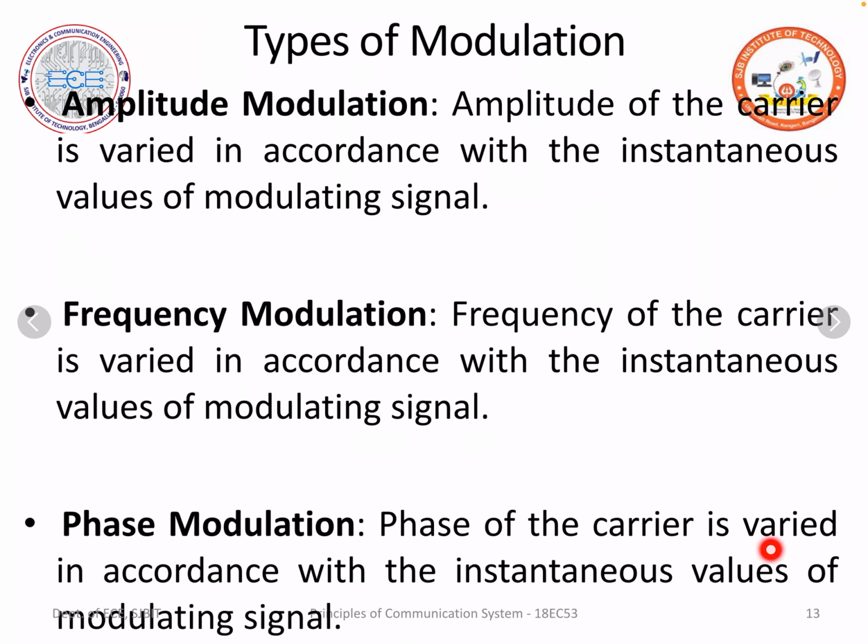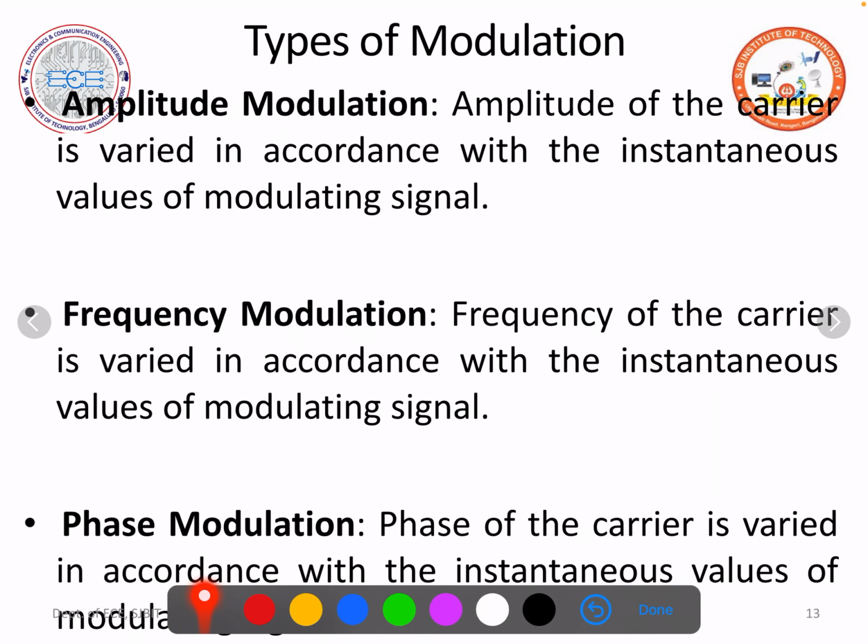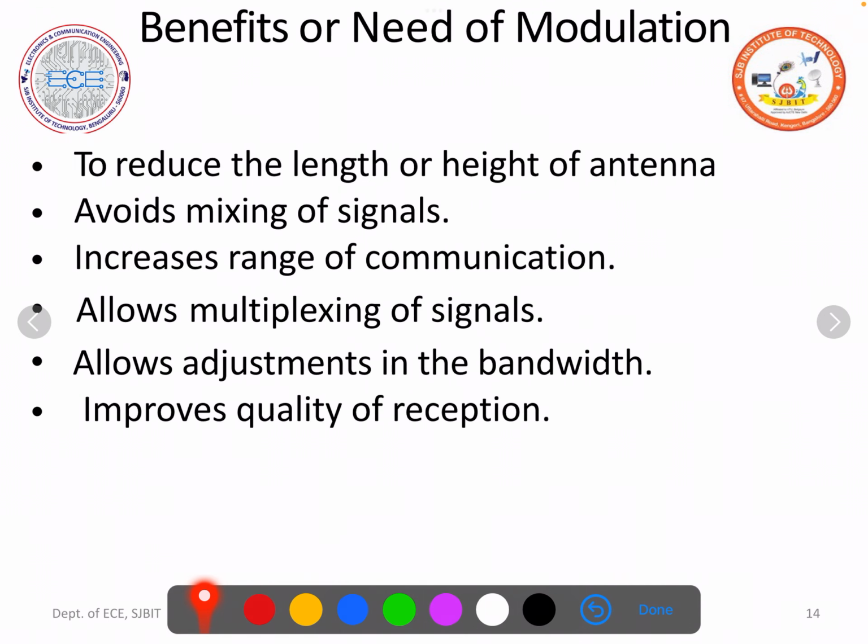The phase of the carrier is varied in accordance with the instantaneous value of the modulating signal. Here amplitude and frequency are kept constant. So these are the three types of modulation available. In the syllabus, the first module is related to amplitude modulation. So we'll take up AM now.